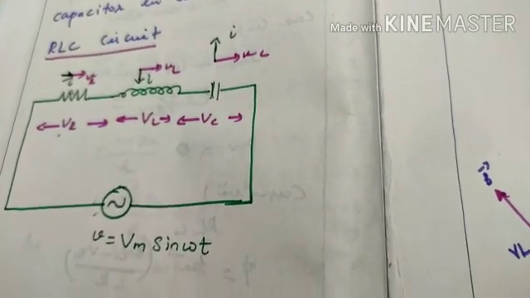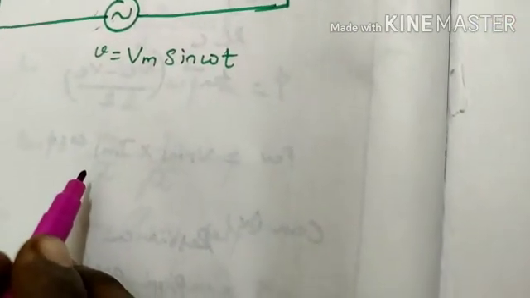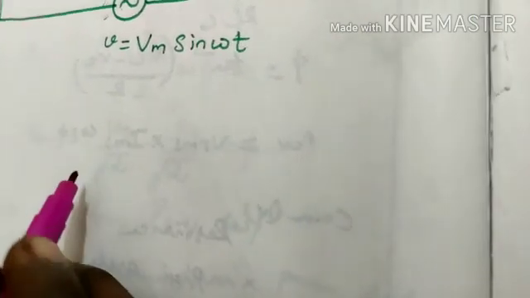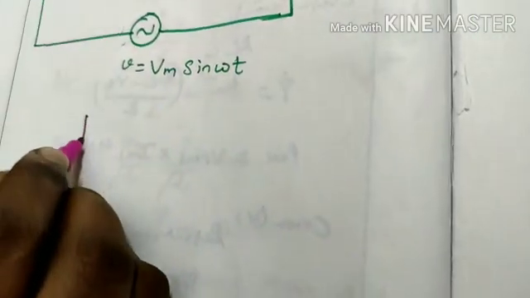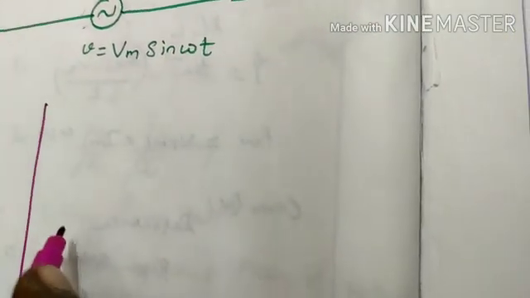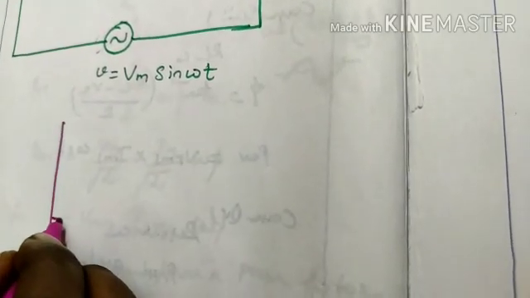Such a rotating vector is called a phasor. By keeping the current as the reference, we are going to draw the phasor diagram for the resistor, inductor and capacitor.